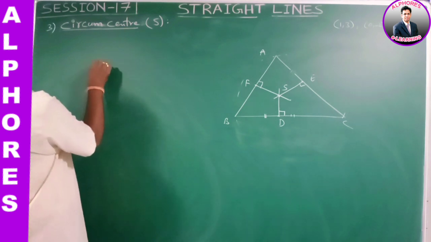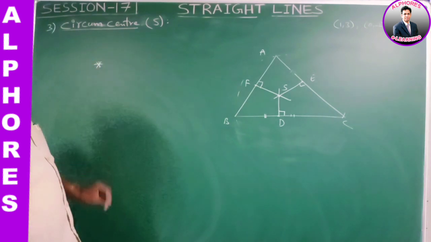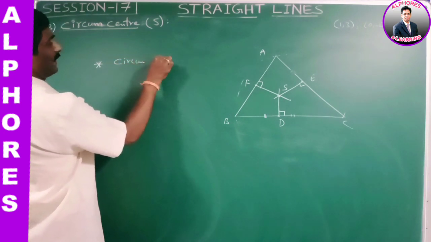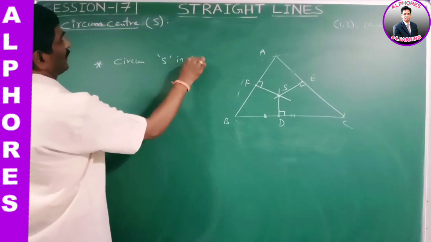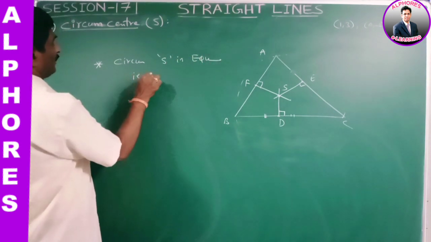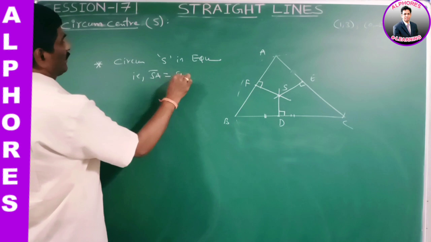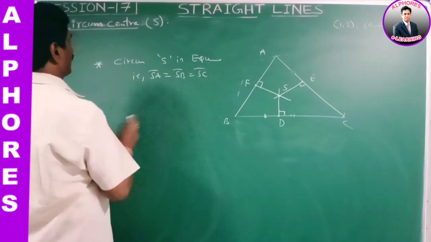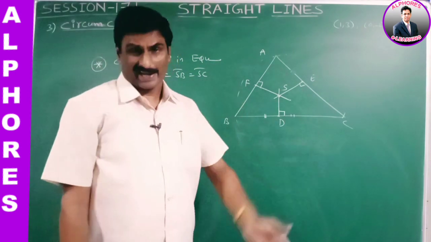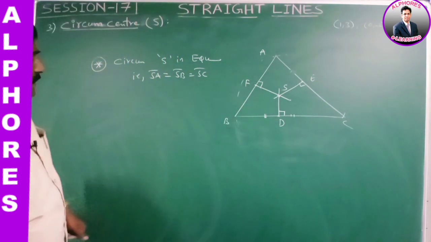Circumcenter S is, please write this point also, equidistant from the vertices. That is, SA is equal to SB is equal to SC. Very, very important condition. By using this condition, we find the circumcenter of any triangle.